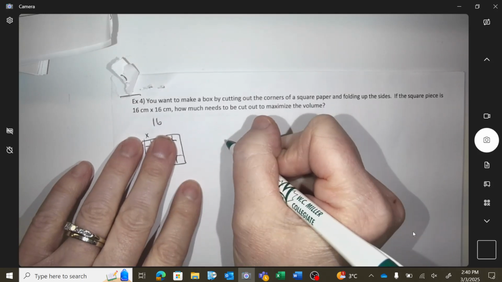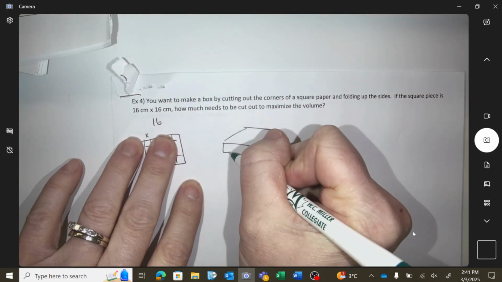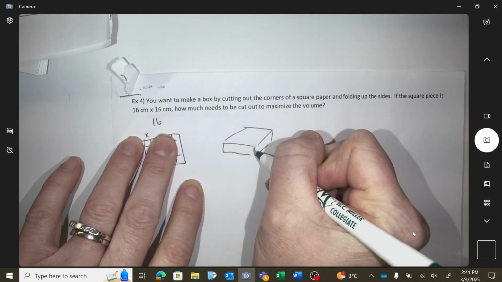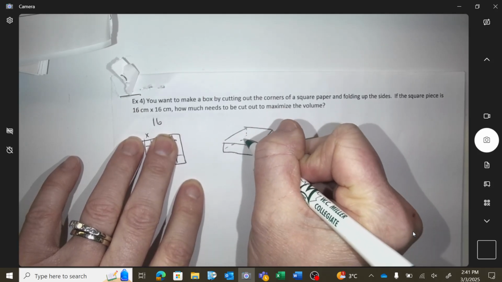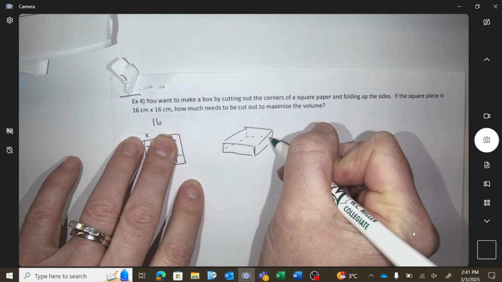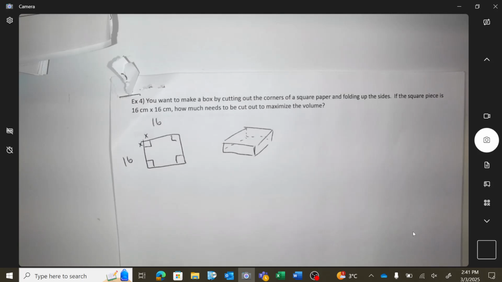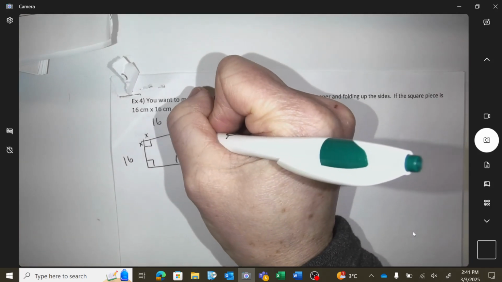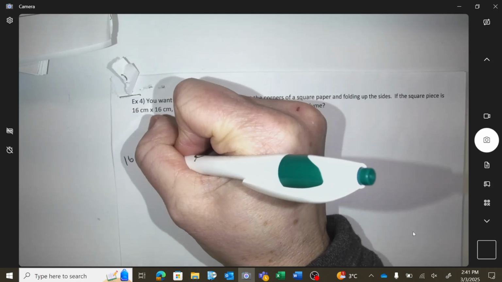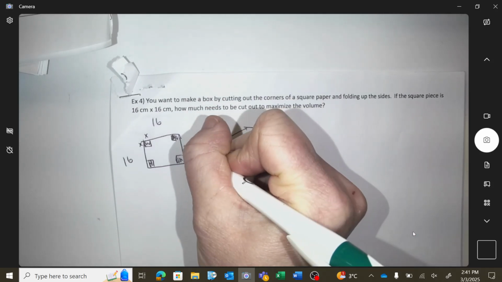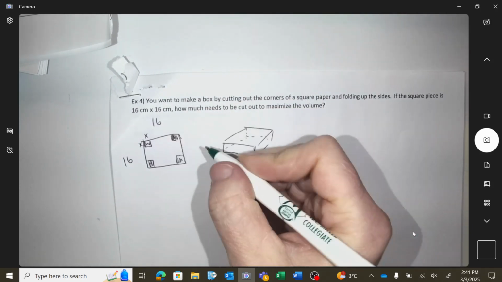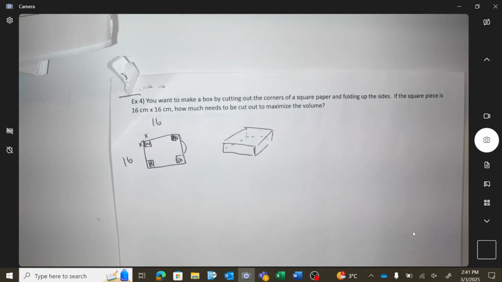Then what did I do? I folded my box up, remember? So if these are gone, those are gone, and then you flip this little chunk upward to create the box, right?